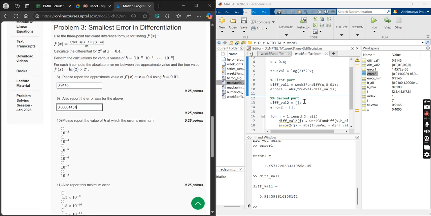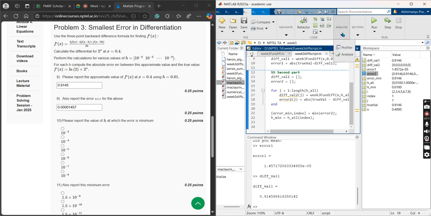Fine. Now if we run this part, then it should give us the correct value.